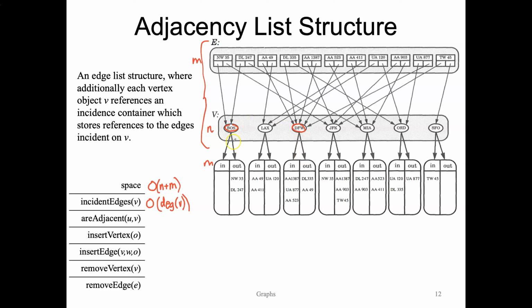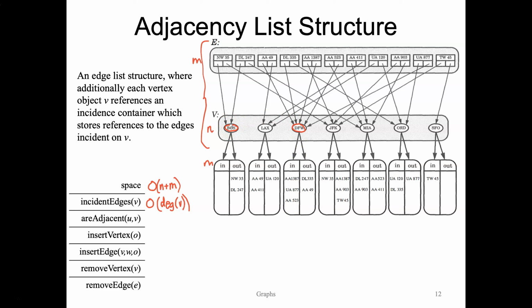Well, we could go to BOS airport and figure out here's all of the edges that are incident on it, and in constant time access this edge or this edge, check to see if its other endpoint is DFW, or we could check DFW, all of its edges, and see if any of its corresponding edges go to BOS.